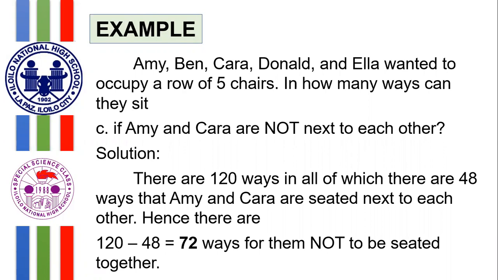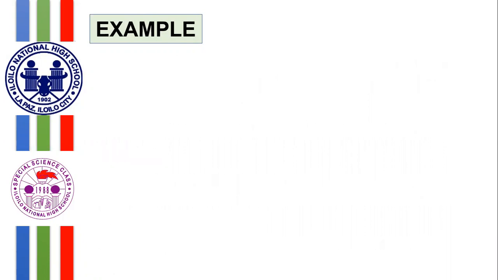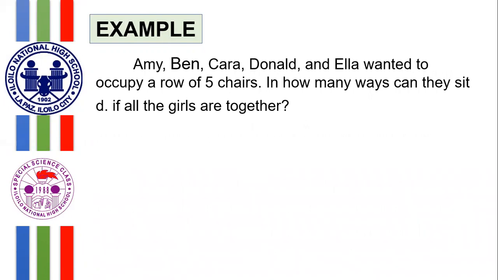How about letter D? If all the girls are together. So in this problem, all the girls have to be adjacent with one another. And if all the girls are together, then no boy should be between at least two of them. Okay? So, sir, how about the boys?